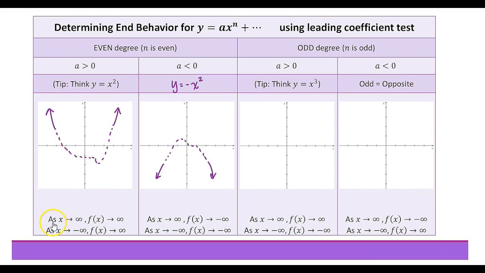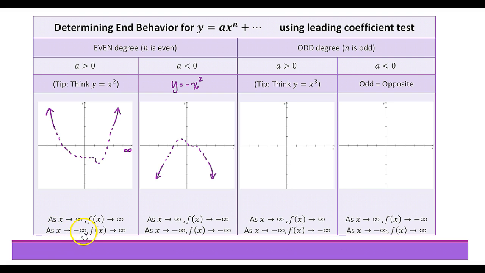So to describe what is happening using an alternate notation, what we're saying is that as x values are going towards positive infinity, f(x) values, those are y values, are going to positive infinity.